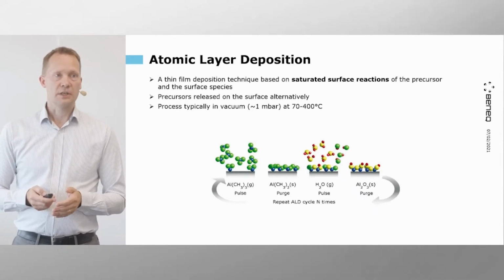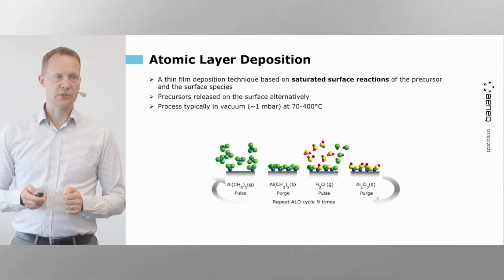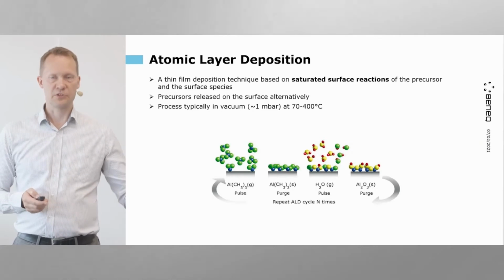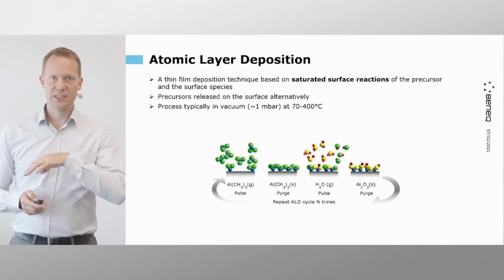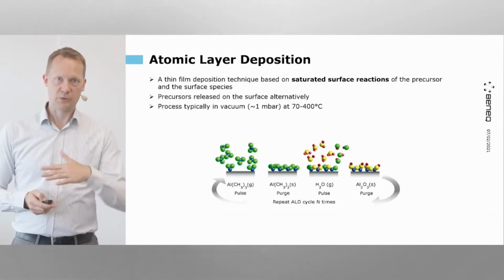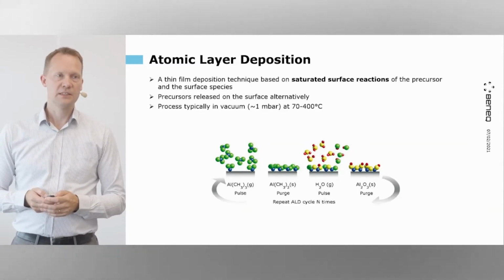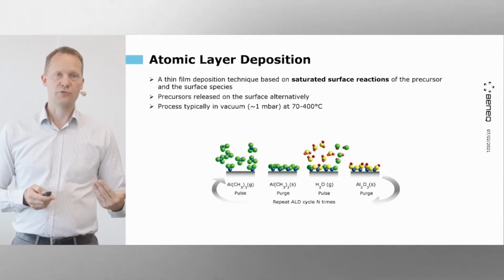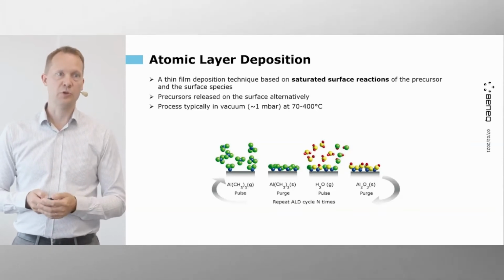In the first step, which is the first pulse, the first precursor chemical reacts on the surface. As long as it can find more available surface sites, it will keep reacting and then becomes automatically saturated, so the growth stops. It cannot grow on itself more, so it will just generate one monolayer.